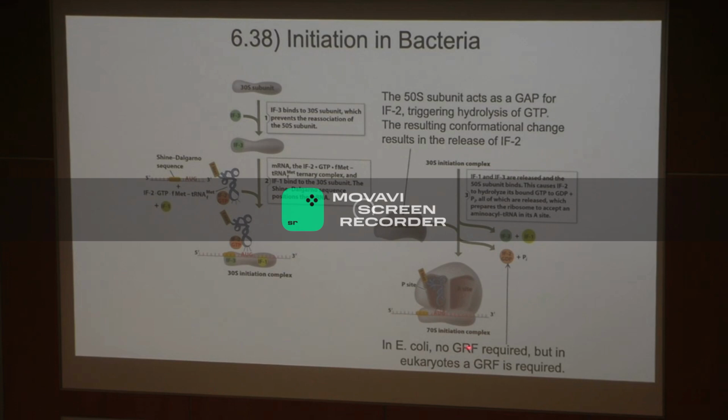You don't need a guanosine nucleotide releasing factor. We're going to see that in eukaryotes, we do need a guanosine nucleotide releasing factor at this stage to release the GDP, and that actually plays a role in the regulation of translation. So keep that in mind. We probably won't get to that today. We'll talk about it on Monday.